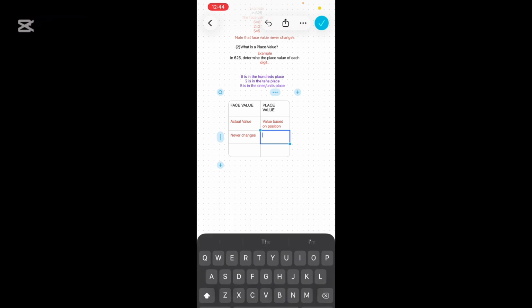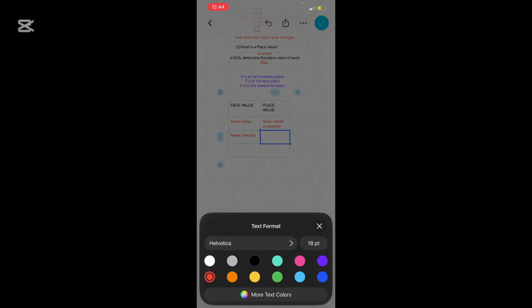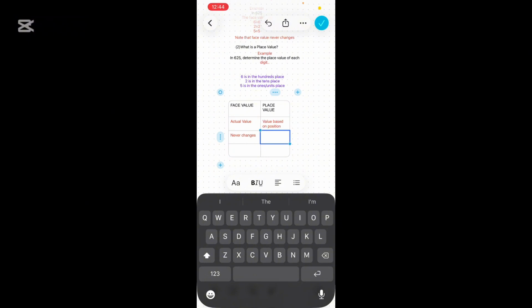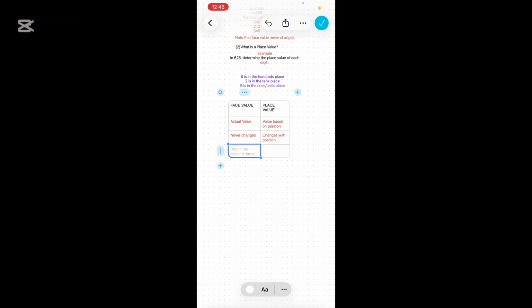Don't forget, it remains the same at all times. But the place value of digits changes with position.